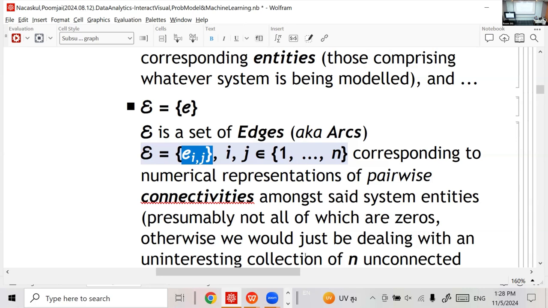Therefore, if you look back at maybe class number 2, what kind of mathematical object is going to be the natural representation of this? If V1 to V10 can be represented as a vector, what about the list of connectivities between I and J?